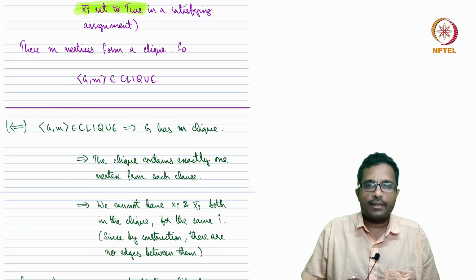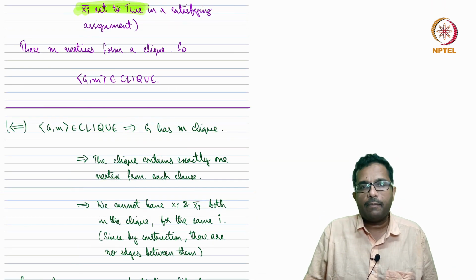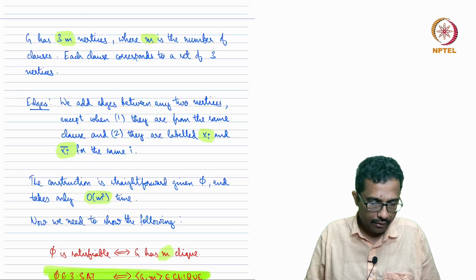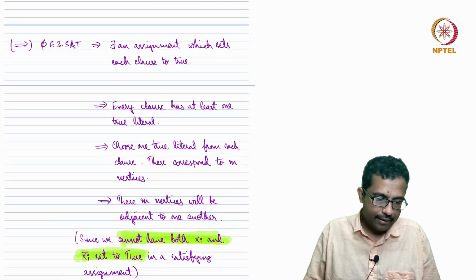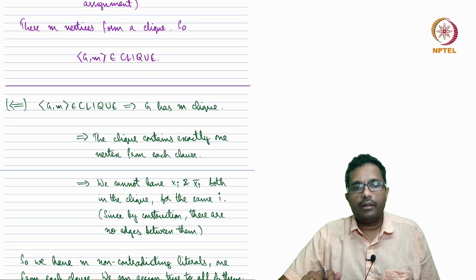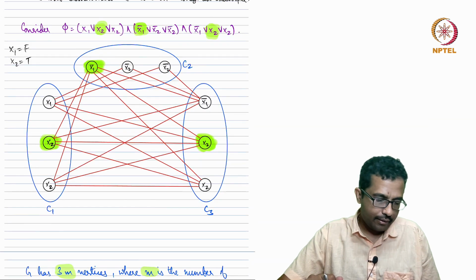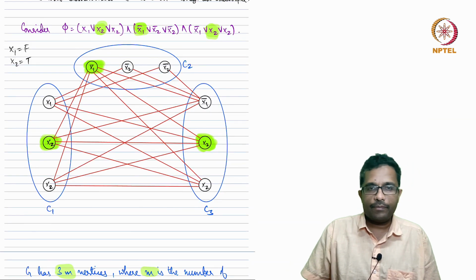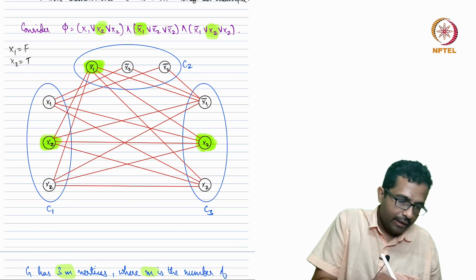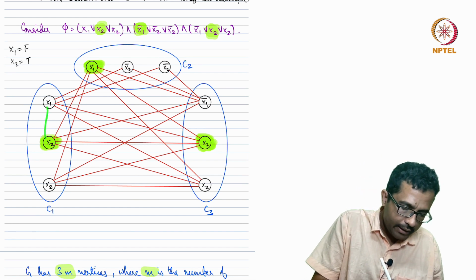Now, the reverse direction. Suppose the graph has an m clique, then we have to show that the formula is satisfiable, right? So suppose the graph has an m clique. Now we know that there are m groups, right? And we know that we do not have any edges within the same group.